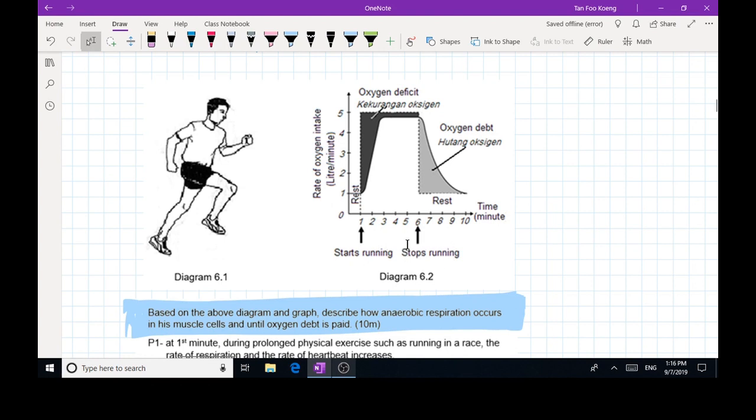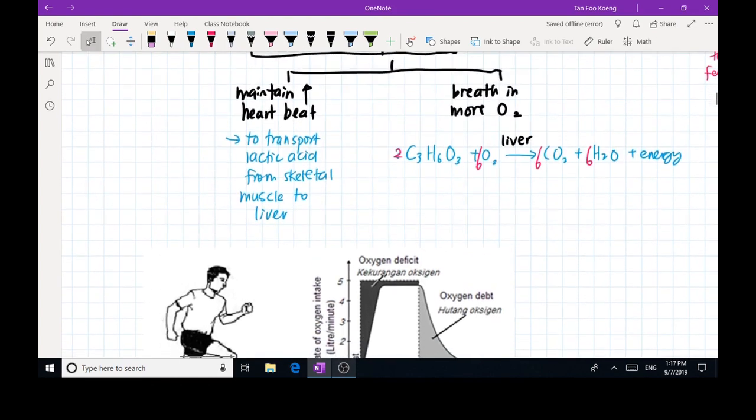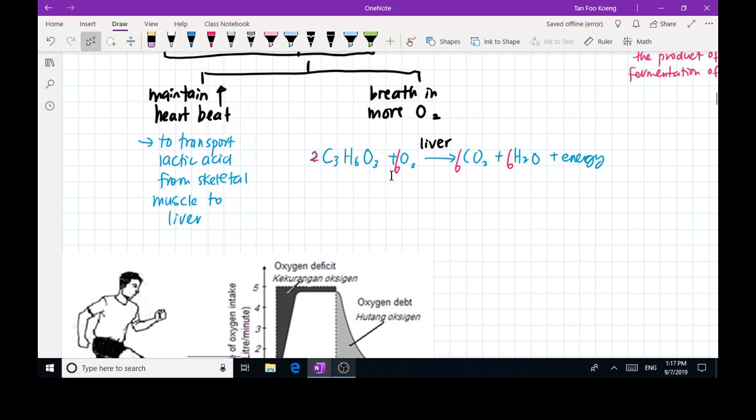When he stops running, the oxygen demand drops immediately. But we keep on panting, we keep on breathing heavily, simply because we need to breathe in more oxygen to repay the oxygen debt that we have incurred just now. Why do we need to breathe in more oxygen here? As we can see in the above equation, lactic acid is accumulated in the skeletal muscles.